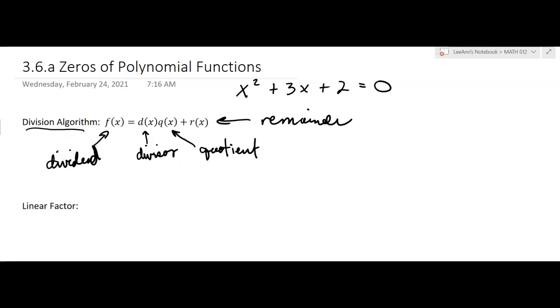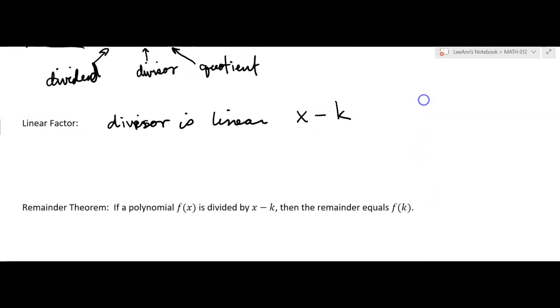Okay, now suppose the divisor is a linear factor. If the divisor is linear, then it's going to look like x minus some number. They use k in the book, so I'll use k. x minus k would be a linear factor, okay? So we're going to treat this as the divisor in our division algorithm.